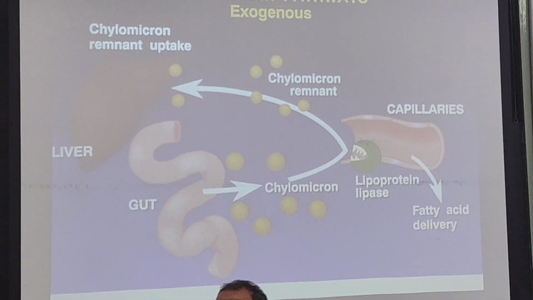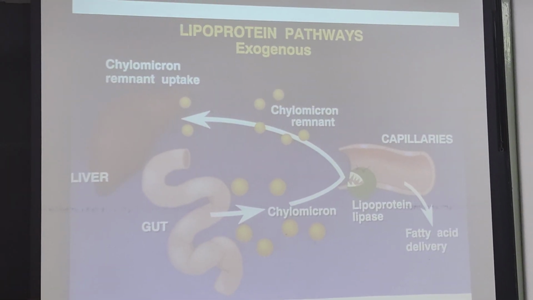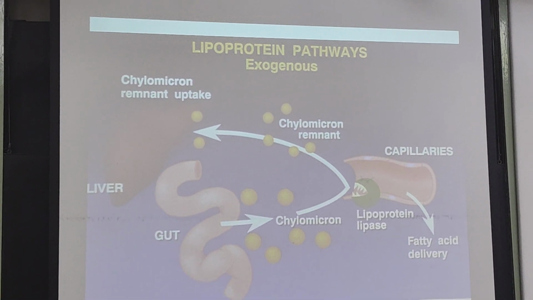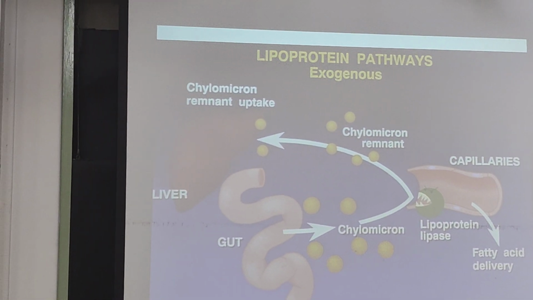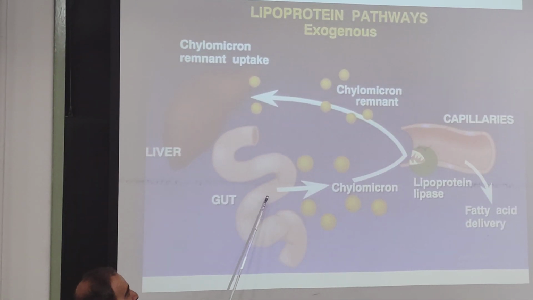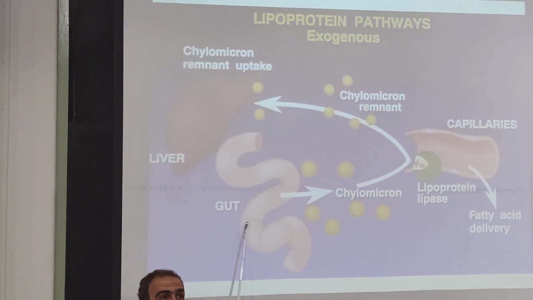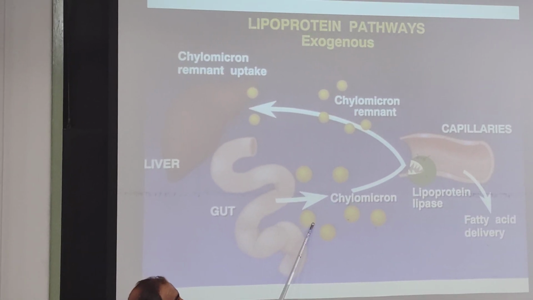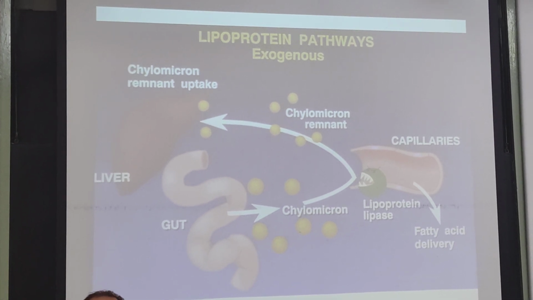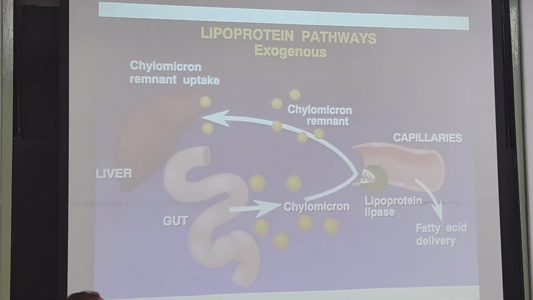So, the metabolic pathway of chylomicron, please pay attention, because we will repeat it for other lipoproteins also. First of all, in the intestine, in our gut system, we synthesize chylomicron, known as nascent chylomicron.